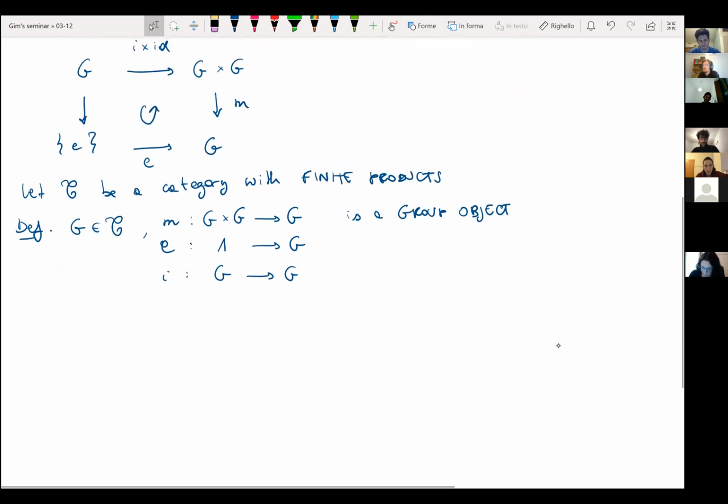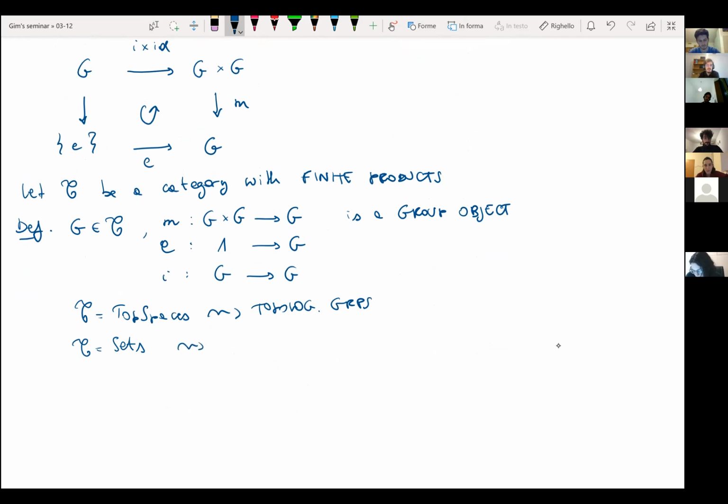For example, as we saw in the beginning, if we choose C to be the category of topological spaces, then group objects in this category are topological groups. By the definition I gave in the beginning, if we go back to the category of sets, then we recover the usual concept of groups.